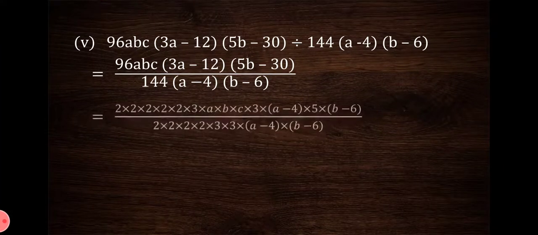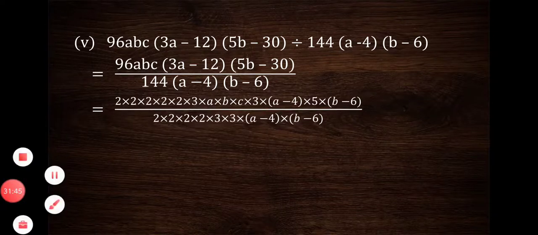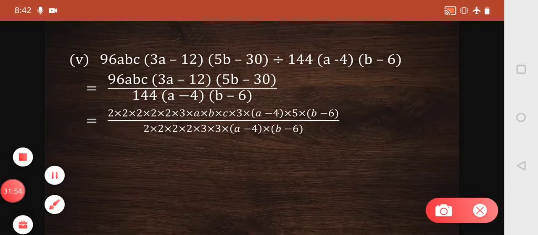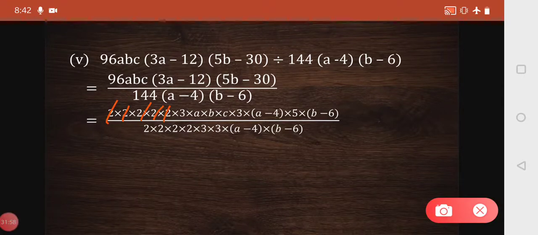That is equal to factors of 96, that is 2 into 2 into 2 into 2 into 2 into 3, that is 32, 3 32s are 96. You can take abc, we write into a into b into c.